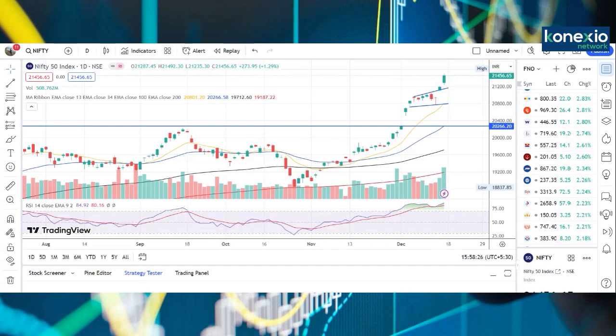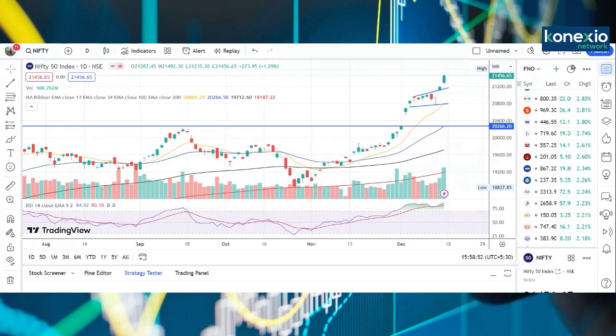There are many cases where the indicators are in overbought territory, but markets still go higher. This is a similar kind of situation which we have witnessed over the last couple of trading sessions. So again, the momentum of the market is still positive. I am bullish, but cautiously bullish.